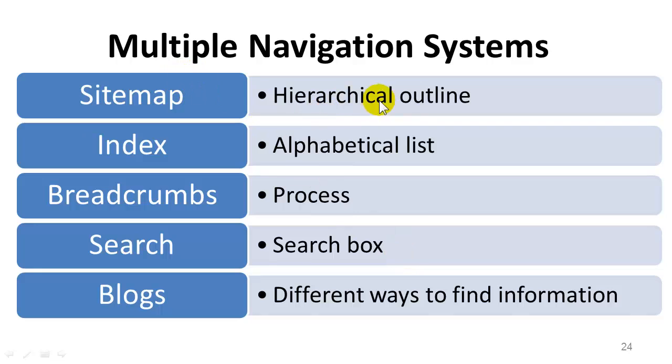Sitemaps, a hierarchical outline. An index, an alphabetical list, to find things based on the alphabet. Breadcrumbs, which is a process. A search box, and blogs. Blogs are a totally different animal that allow us to find information in different ways, very unique from our typical websites.